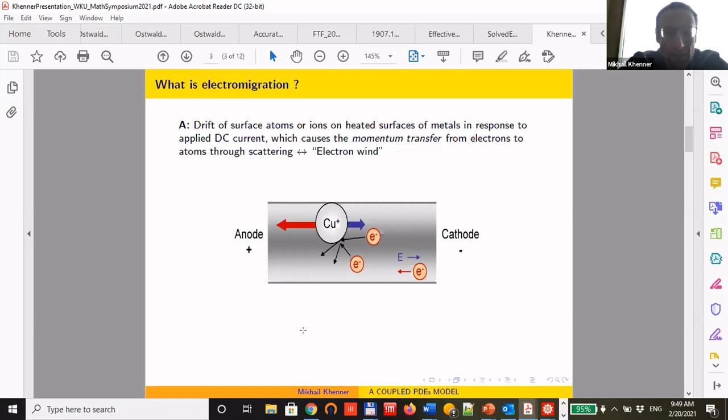Without the transfer of momentum, these charged ions would move in the direction of the electric field, from left to right. But this electron wind, as it is called, overcomes the electrostatic effect and pushes the ions in the opposite direction.